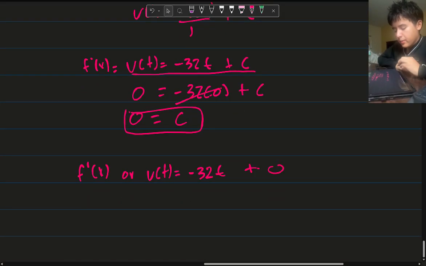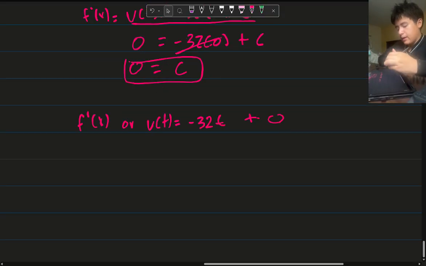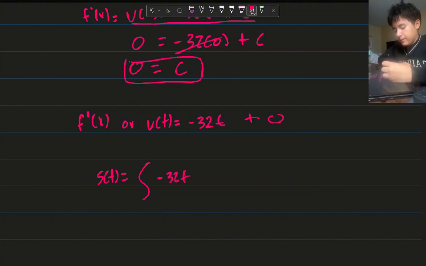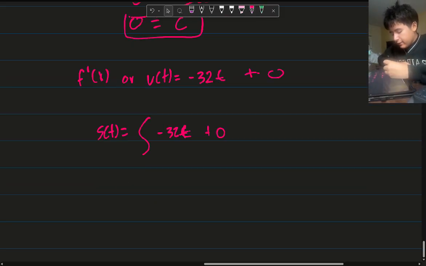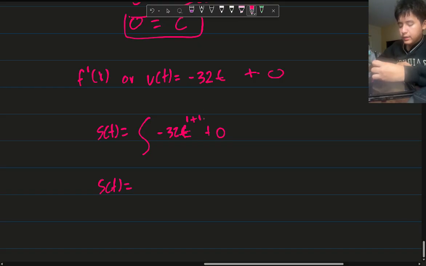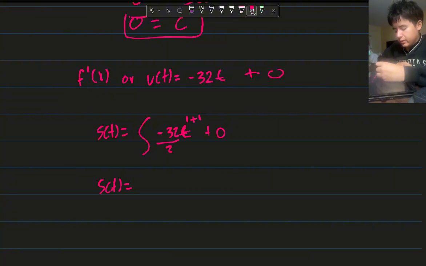So how can we get from our first derivative to our original? By taking the integral of it. So s of t will equal the integral of negative 32 t plus 0. Using the power rule, we have an exponent of 1 on the t, and we add 1, it becomes 2, leaving us with 2 on the bottom.